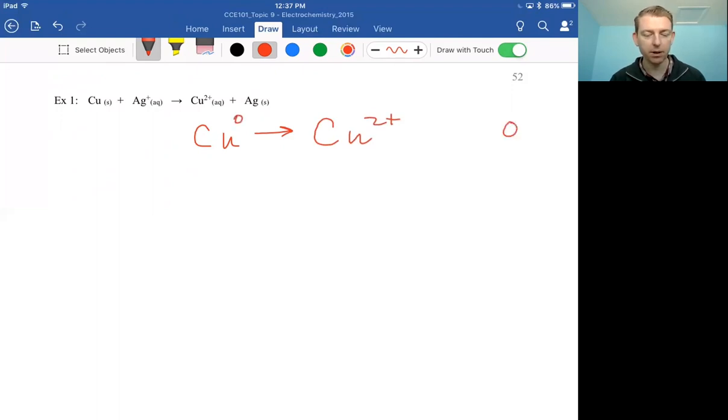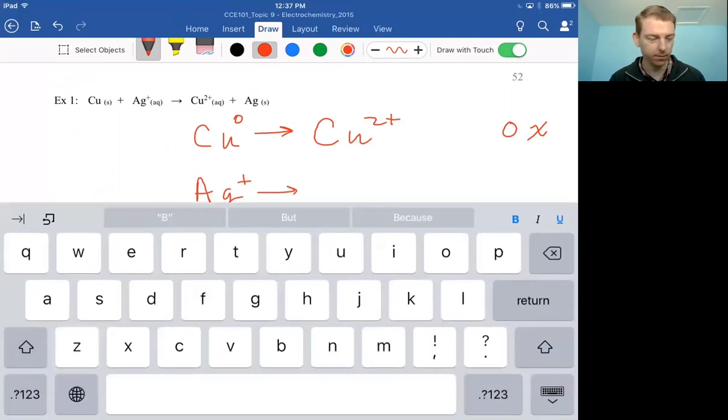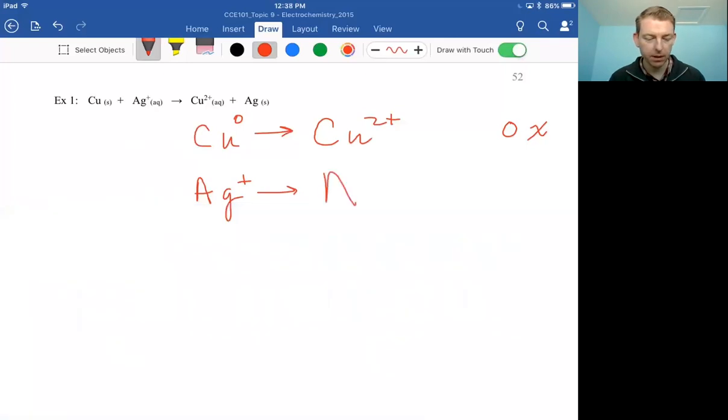This is our oxidation reaction, and it's really clear here. It may not be clear in other cases. You'll have to go back and think about the oxidation state of each of the atoms. But obviously, whatever's left over is going to be a reduction reaction, and this is the silver ions turning into silver metal. That is our reduction.